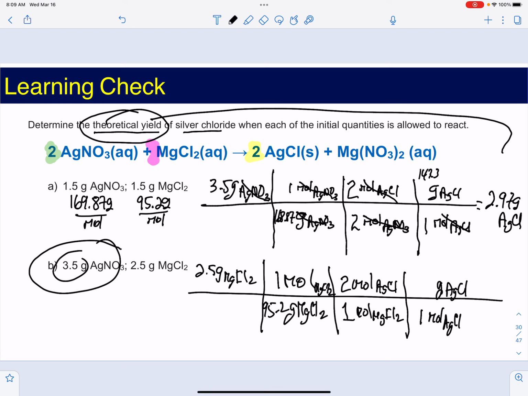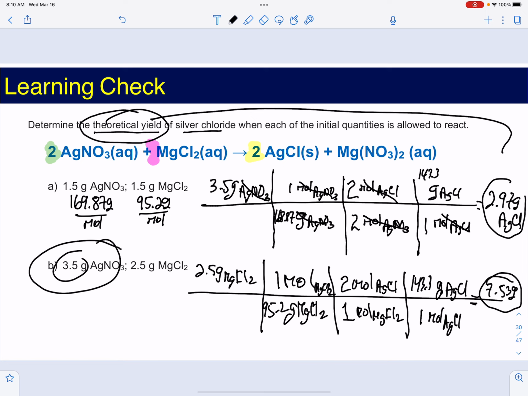So 1 mole of silver chloride equals 143.3 grams, which tells us that we are going to have 2.5 times 2 times 143.3 divided by 95.2 divided by 1, which equals, just a second, 7.53 grams of silver chloride.